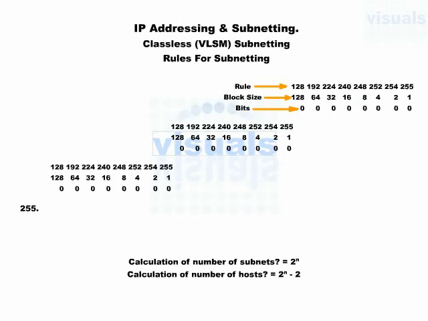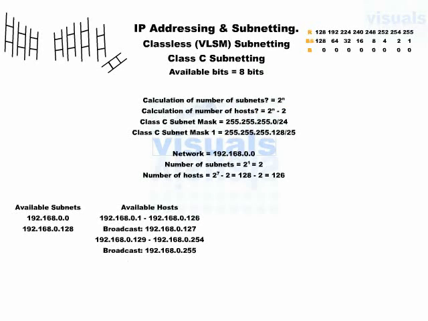Now let's start subnetting. We are starting the subnetting process from class C subnets. Now it is class C subnetting. You can see we have 8 available bits. I have drawn here the rule, block sizes and bit positions.